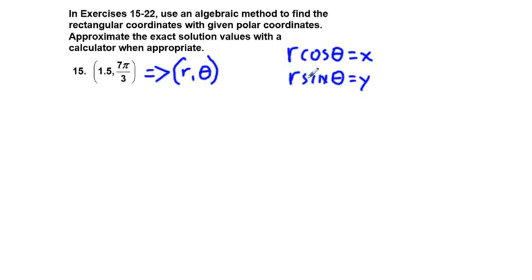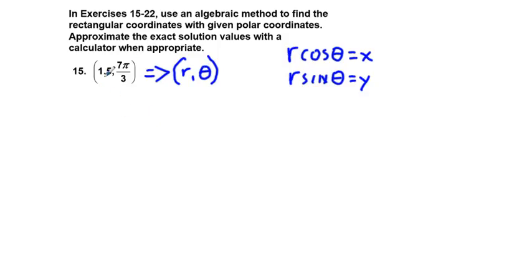And the problem instructions mention appropriateness of exact solution values, and we're going to go through that as we get through these problems here.